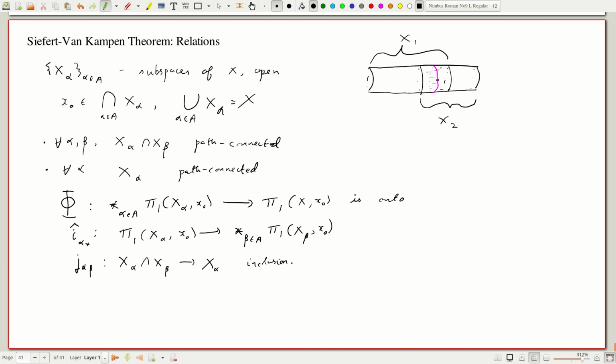And the above relation, let's call this loop lambda, will tell you that if I look at I hat alpha of j alpha beta star of lambda, and then let me put an inverse on the other guy, times, if now instead I go through beta, which means I'm looking at I hat beta of j beta alpha star of lambda.